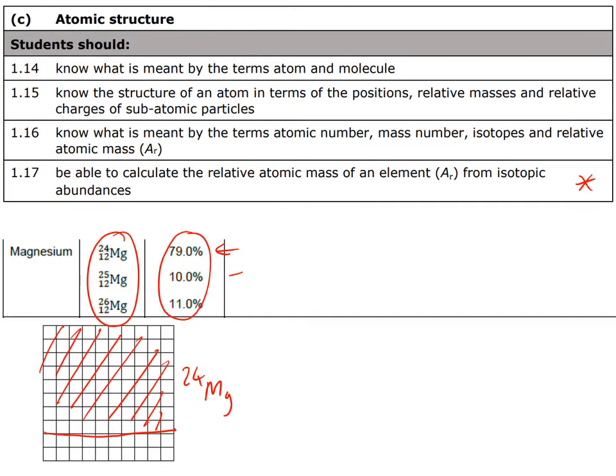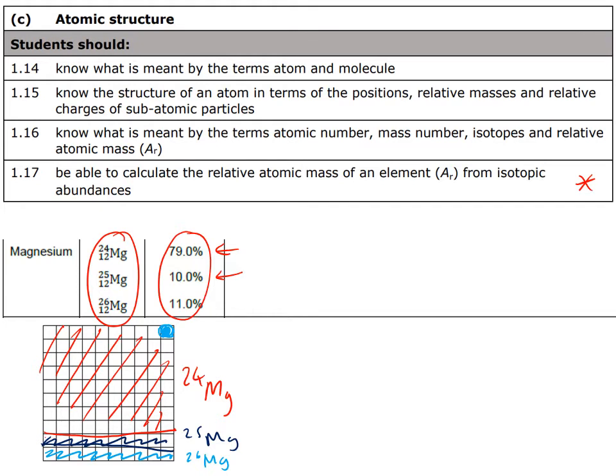Then 10% of those atoms are magnesium 25, and then the last 11% is magnesium 26.